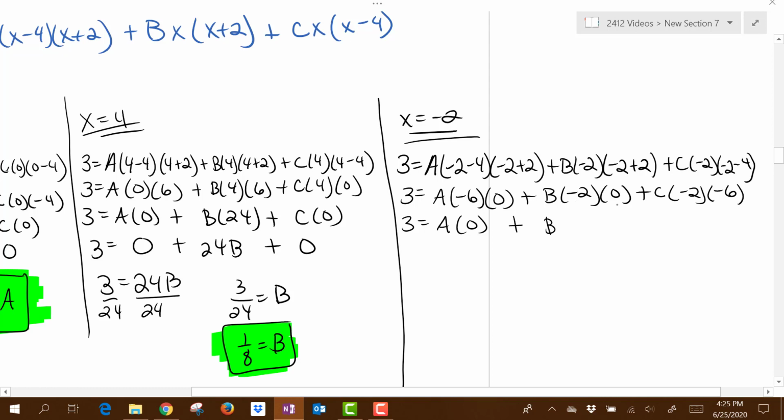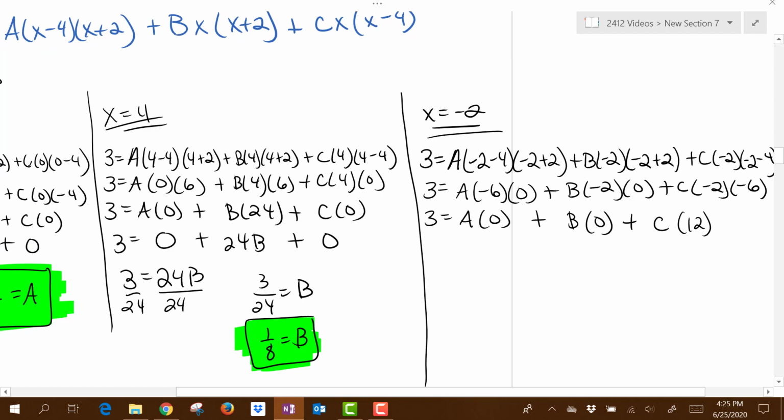Let's see here, -2 times 0 is 0. C times, let's see, -2 times -6 is a positive 12. So you get 0 plus 0 equals 12c. We can drop the zeros, and I get 12c on the right hand side.